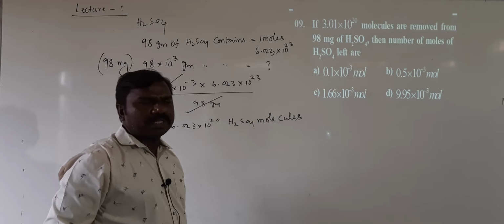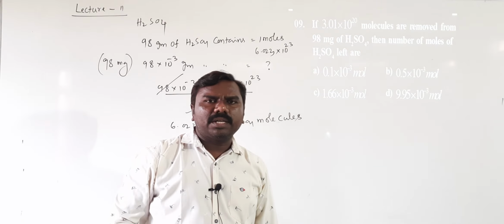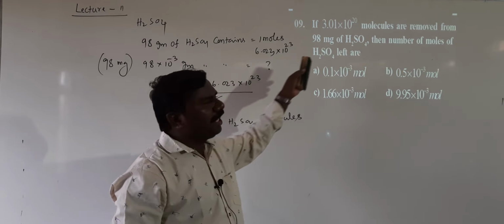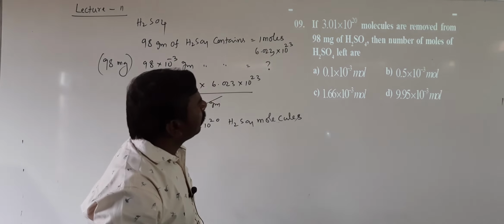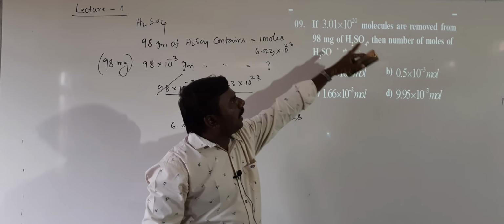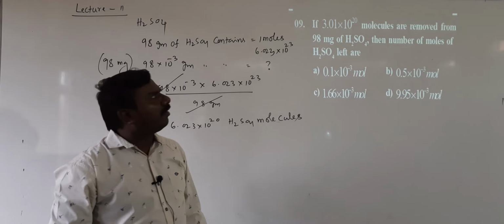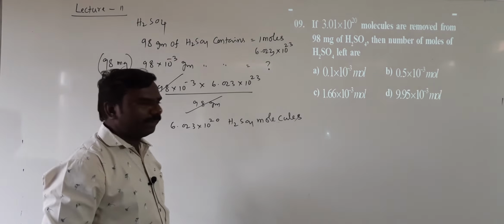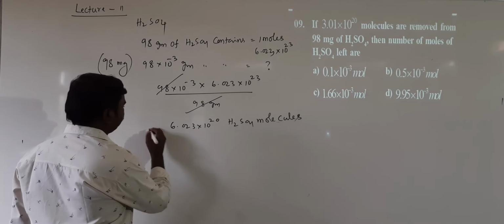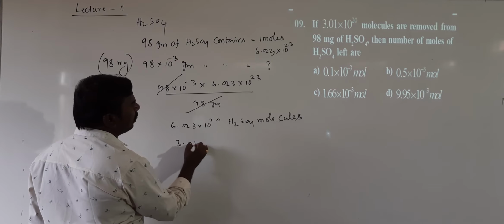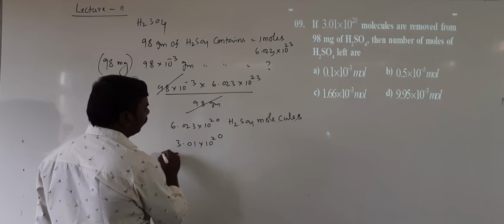H2SO4 molecules present in 98 milligrams of H2SO4. So, now among these, 3.01 into 10 to the power of 20 H2SO4 molecules were removed. So, removed are totally 3.01 into 10 to the power of 20.